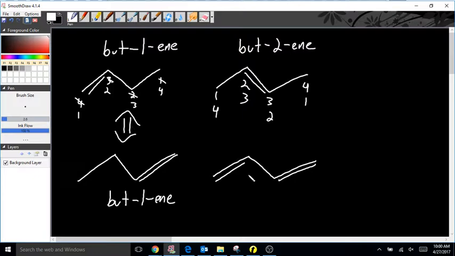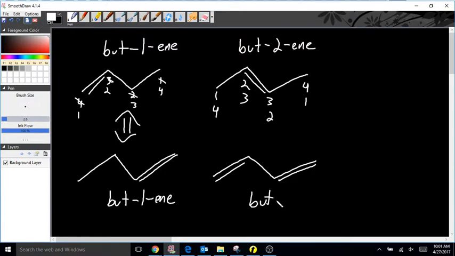All right, this last one here has two double bonds. I'm going to need to indicate first the starting carbon for both of those double bonds, and I'm going to need to indicate that there are two sets of double bonds in here. Once again, we still have 4 carbons, so I'm still working with bute.